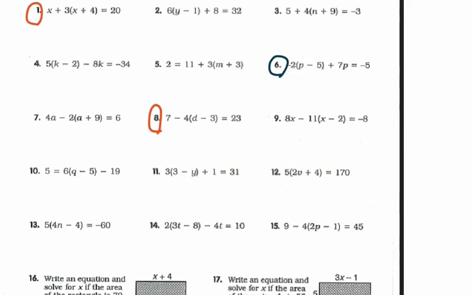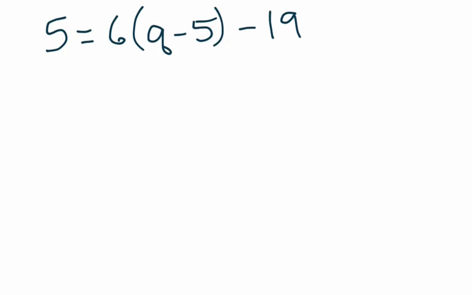So make sure that you see that I divided by a negative 4. Alright, let's try one more together and then I'll let you work on some by yourself. Let's pick 10. Alright, so what you'll notice here is that they flipped it around and they put the equal sign and then 5 on the left side, which is fine. It doesn't change anything.